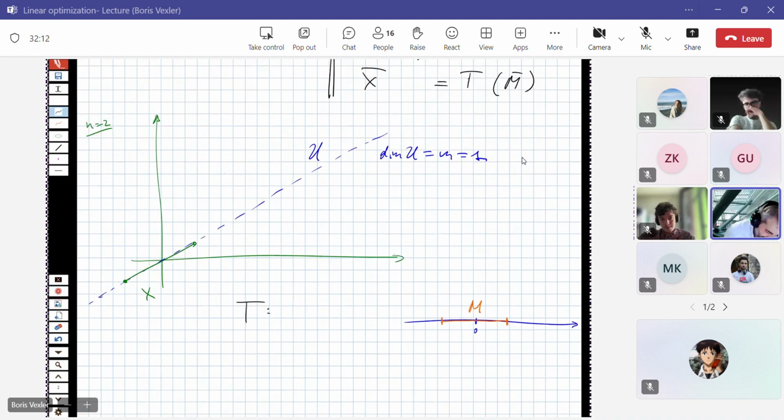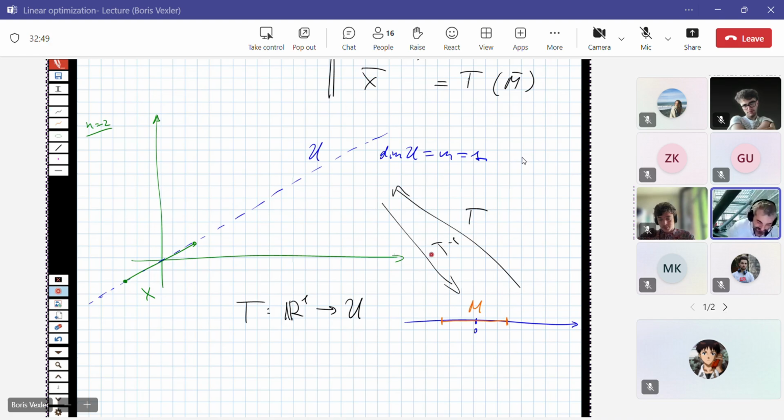The mapping was from R^1, just from R, to U. We map this to this. And we have, of course, also the corresponding mapping in the other direction: here the mapping T, and here, the other way around, the mapping T^-1.